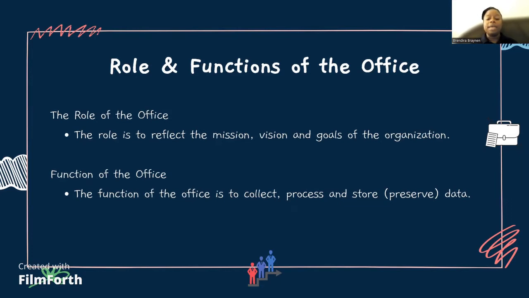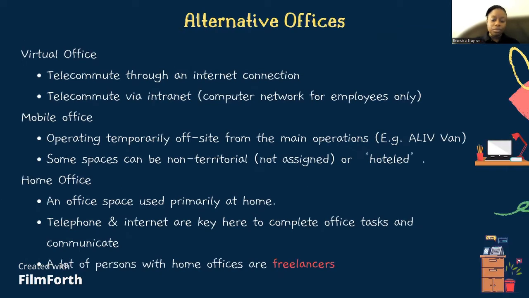And so a big part of the office's function is to help make sure that information goes where it's supposed to go, making sure that somebody's keeping a record of the information, sending it where it needs to go, and saving it if need be, so that persons can get to it at a later date. All of those are the functions of the office.